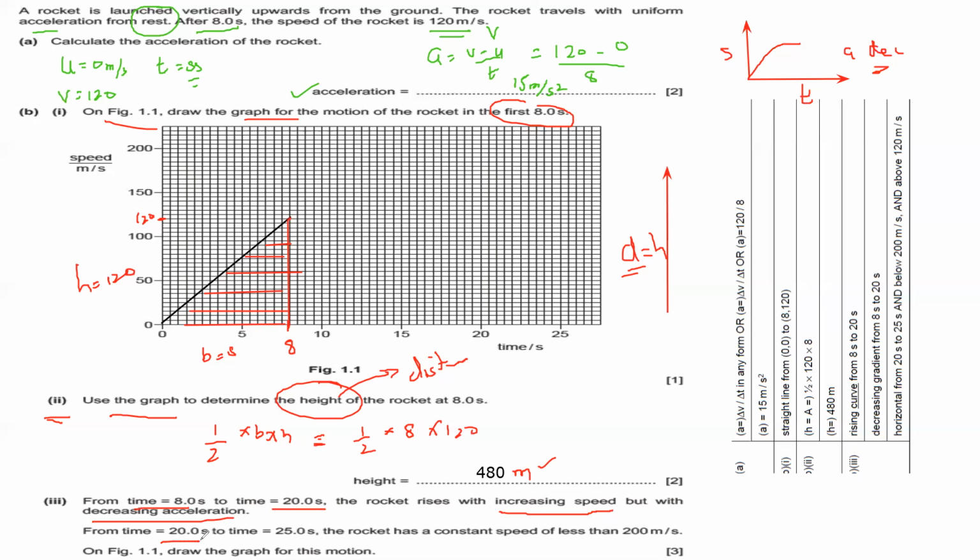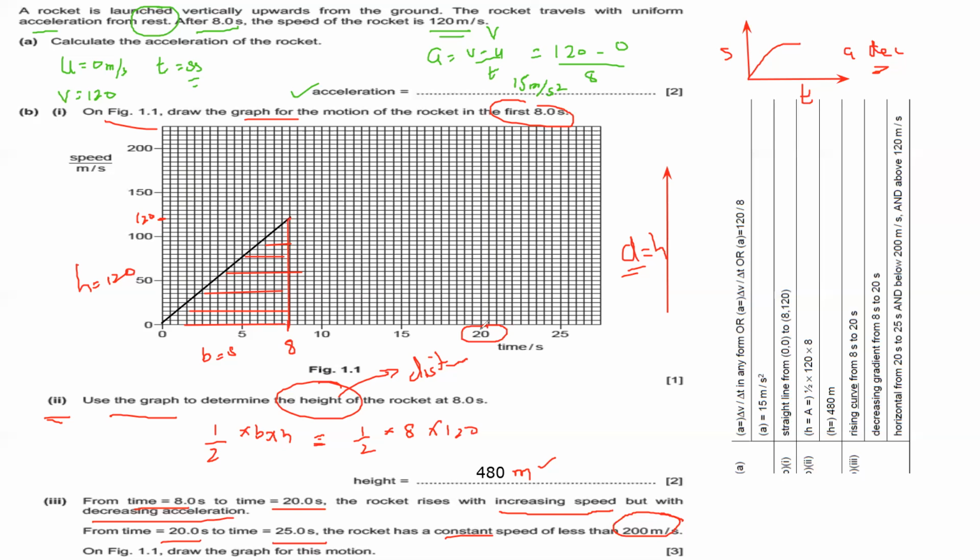Then for time 20 second to 25 second, the rocket has a constant speed of 200 meter per second. On figure 1.1, draw the graph for this motion. From 8 second to 20 second, we have to show the decrease in acceleration until it reaches a speed of 200 meter per second.